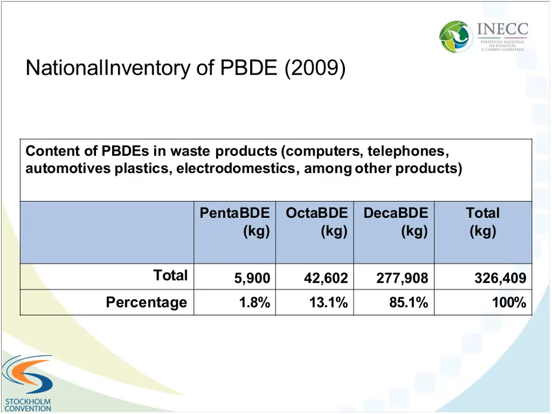With this, we prepared a first number of the quantity of the BDEs that were included in products and electronic products in the country, and the potential quantities that could be released from disposal sites mainly. So with this, we calculated a first number of 326 tons of the 3 BDE molecules in the country.